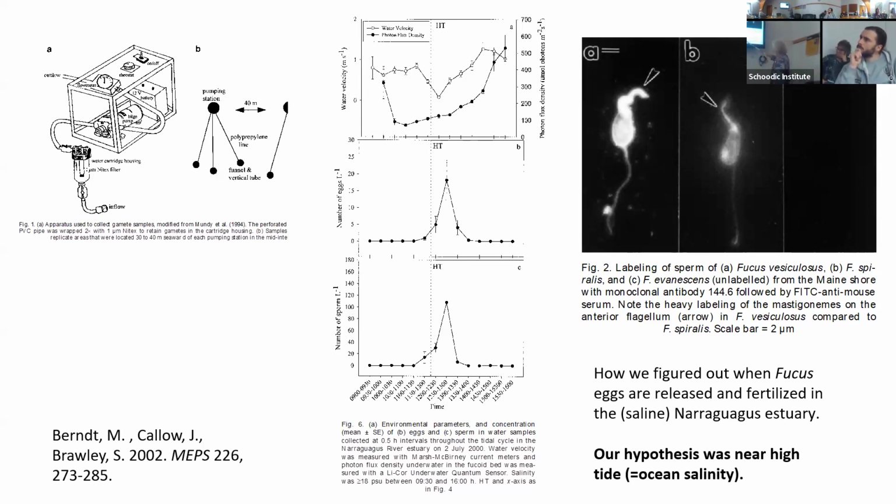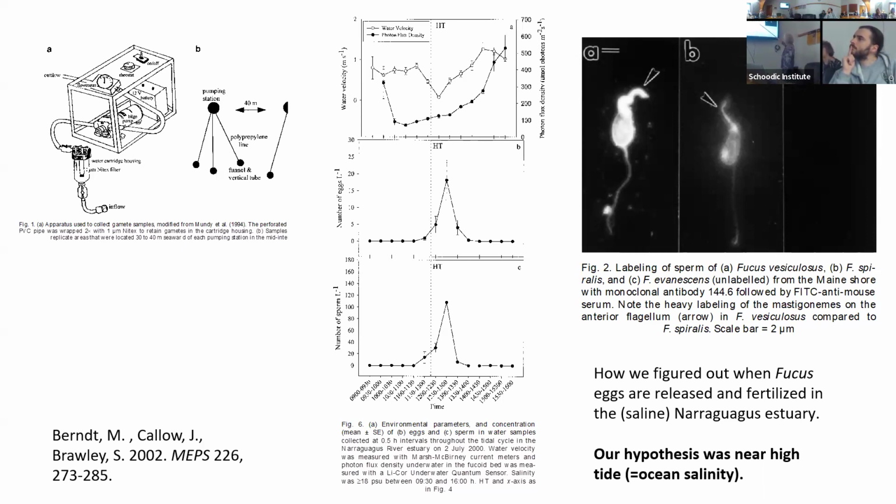These are time intervals of 30 minutes, and we were collecting water samples using the same apparatus at these blocks and staining any eggs that were there. But we didn't find any eggs until, or sperm. You see the sperm come up just maybe half an hour before the eggs. Nature's very clever.